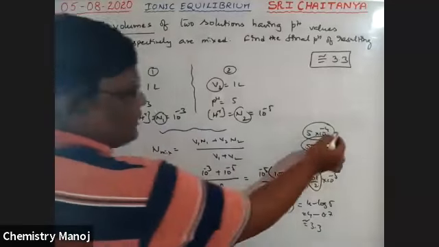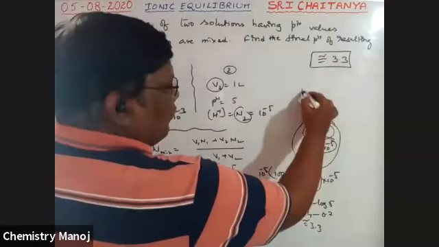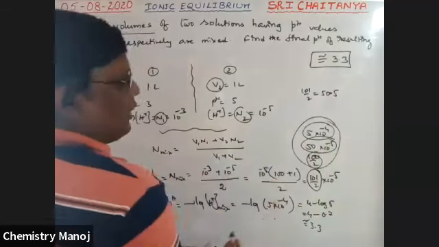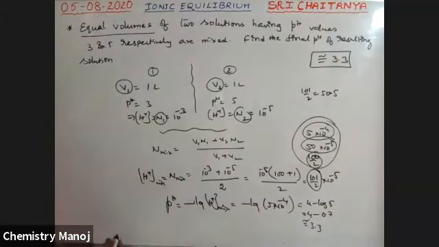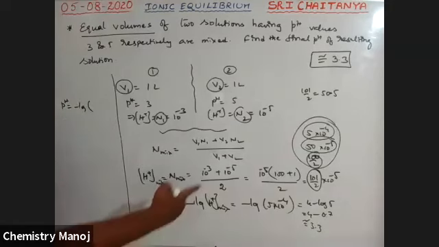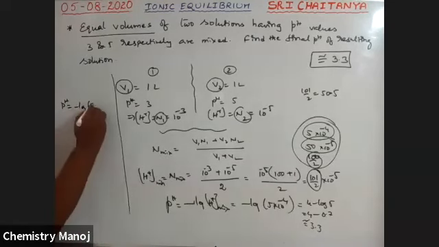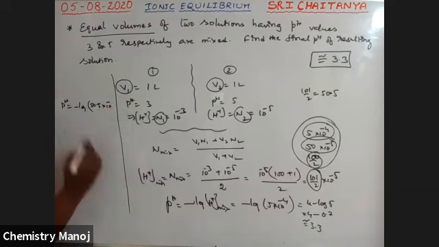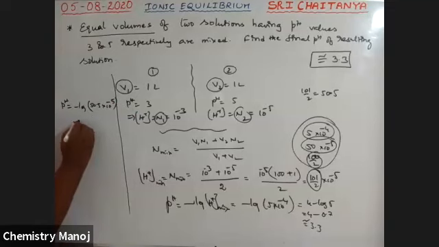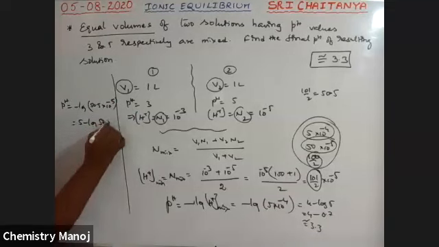See here, 101 by 2 is 50.5. Therefore, pH is equal to minus log of H plus concentration, that is 50.5 into 10 power minus 5, which is 5 minus log 50.5.